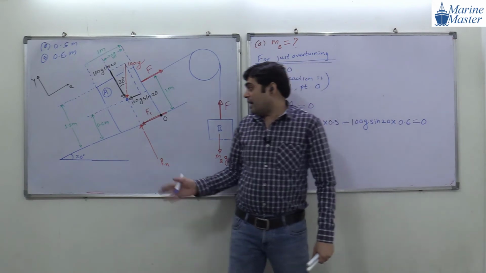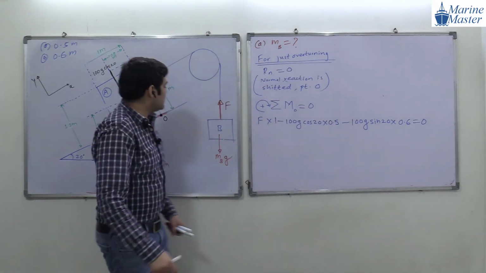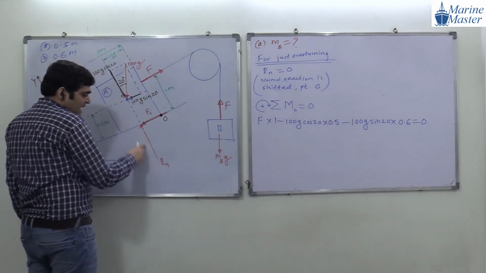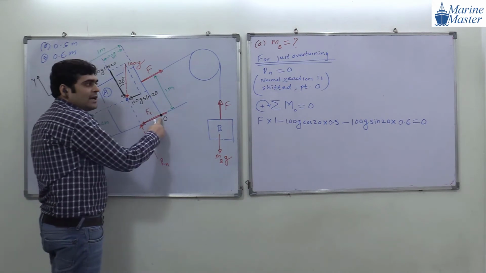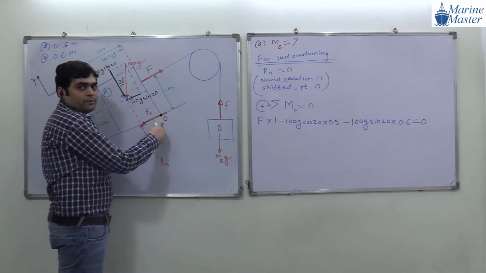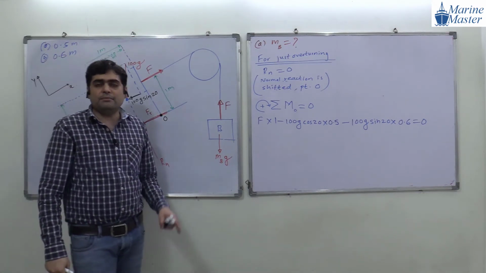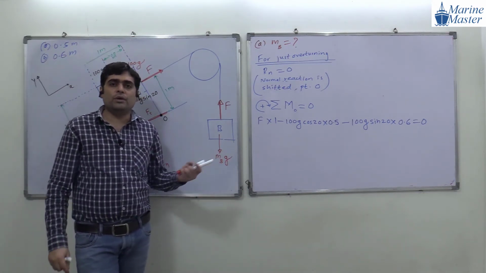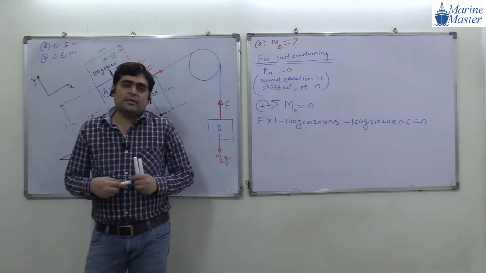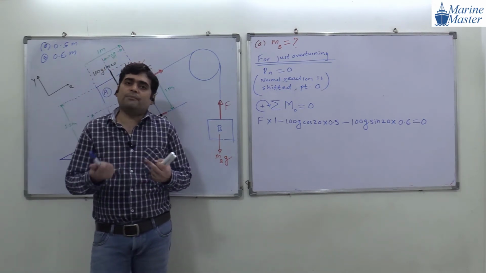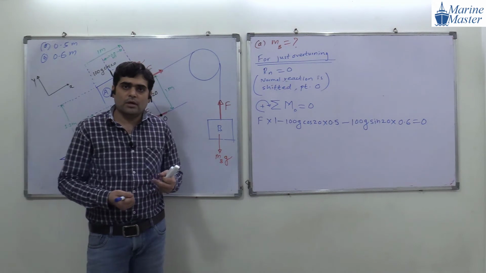Now, you may say, why have you not considered Rn? Because see, guys, this Rn is shifted. This Rn will become 0, and the entire normal reaction will come at this point O. And the friction force is also passing through the point O. If the friction force is passing through the point O, what will be the perpendicular distance there? Perpendicular distance for Rn and Fr will be 0.